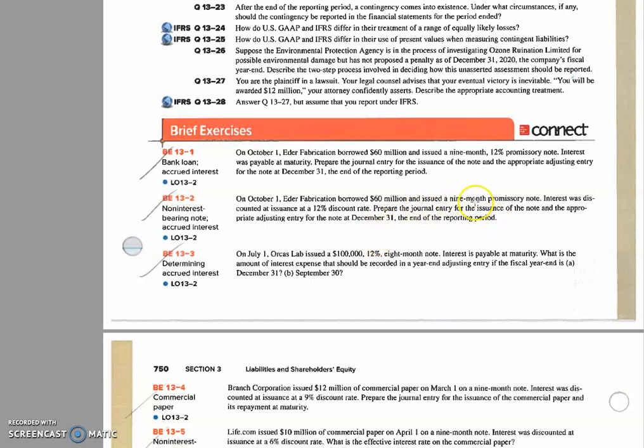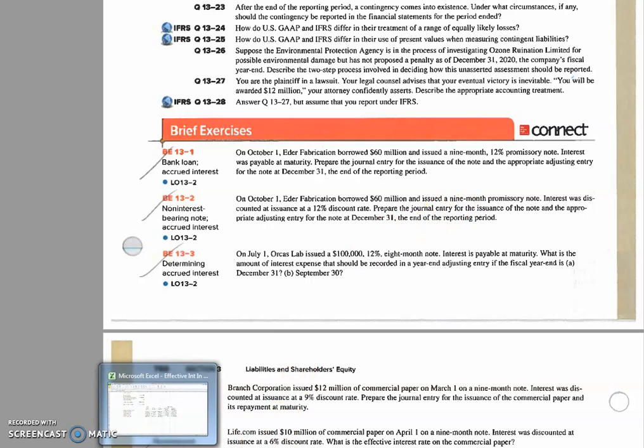So it's a 9-month note discounted at 12%. So we're going to take 12% times 60 million and then times 9/12 to get the total amount of interest that's discounted out.